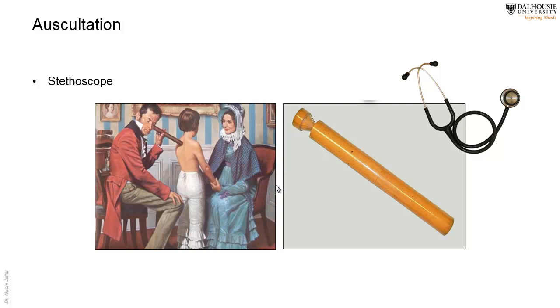Before that, physicians used to do what is called direct auscultation, so they put the auricle of the ear directly on the chest of the patient. But this guy, because he was embarrassed while examining a young lady, decided to roll a piece of paper and put it away from her chest, and then he discovered that the sound is much better in this case. So he invented the stethoscope, and that was the earliest stethoscope, invented by Laennec.